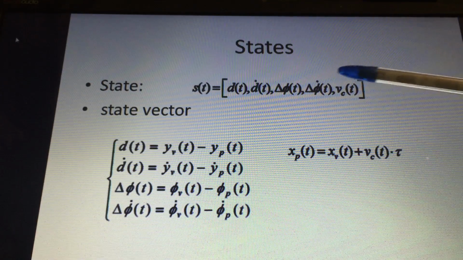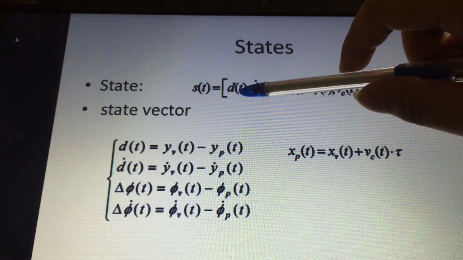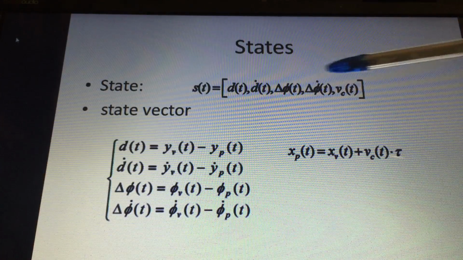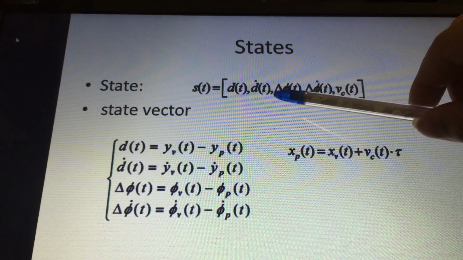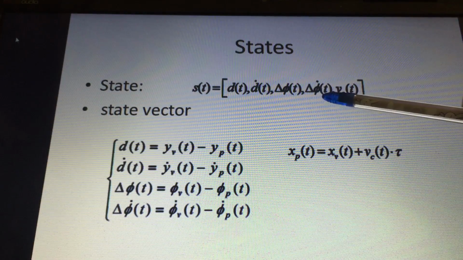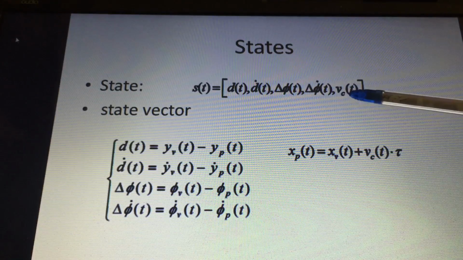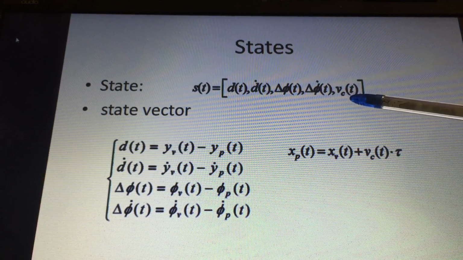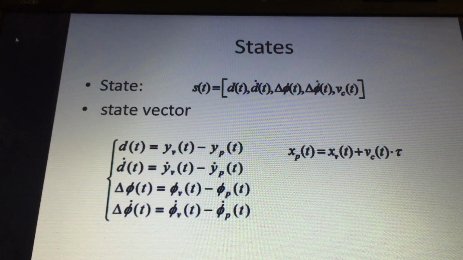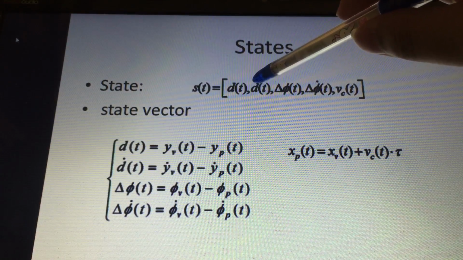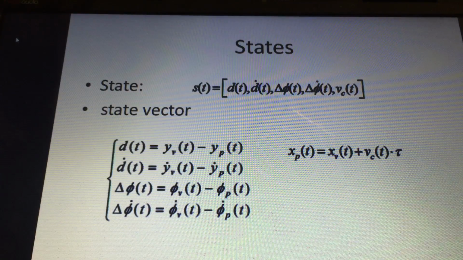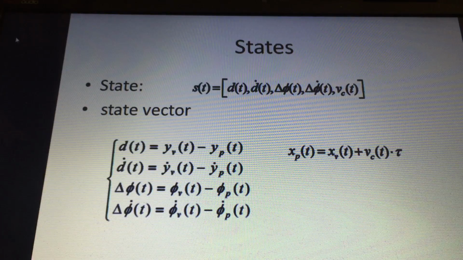The state function s of t involves d, delta phi, and the speed v, where d is the error of the relationship between the position and the road.